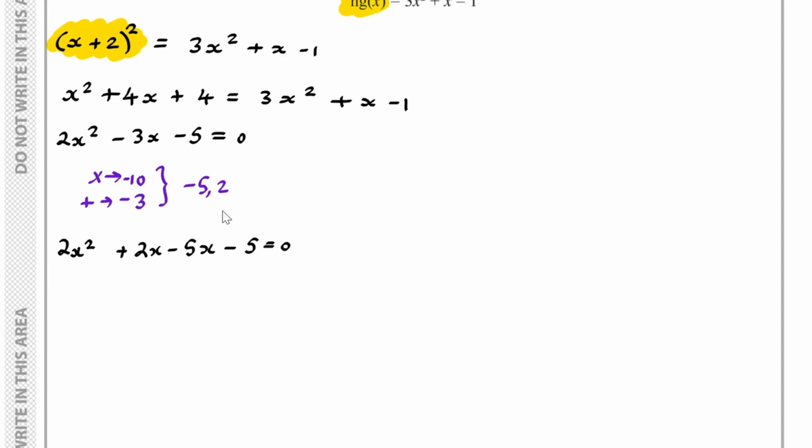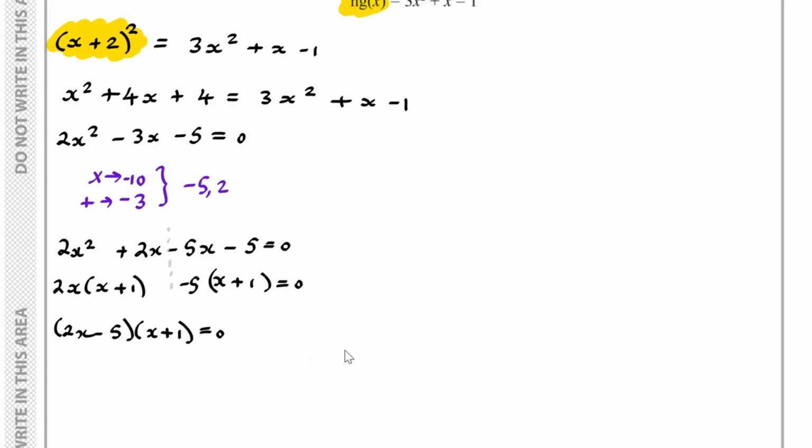So if we factorize the bit on the left, we have 2x lots of x plus 1. We want an x plus 1 here, and x plus 1 lots of minus 5 gives minus 5x minus 5. And if we group all the terms together, we have 2x minus 5 lots of x plus 1 equals 0.